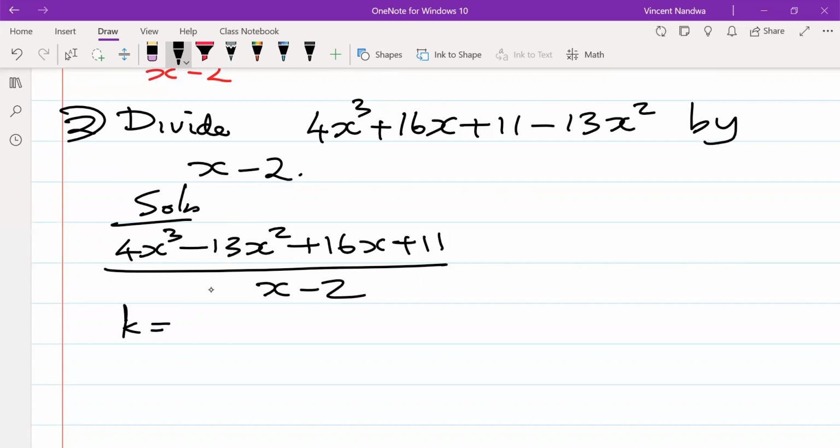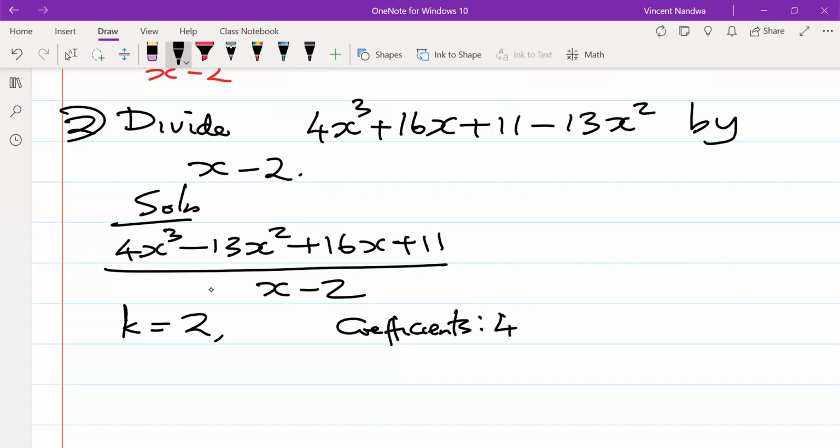So k in this case is 2. And then the coefficients we have? We have x cubed. X cubed is not a coefficient. Okay, we have 4.